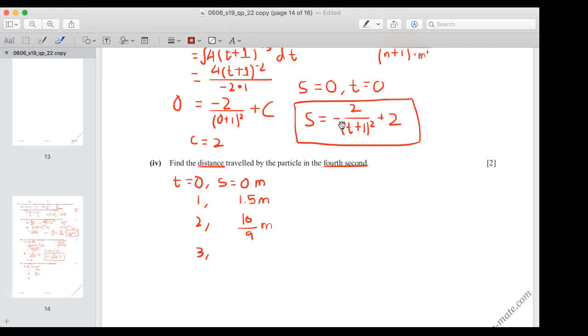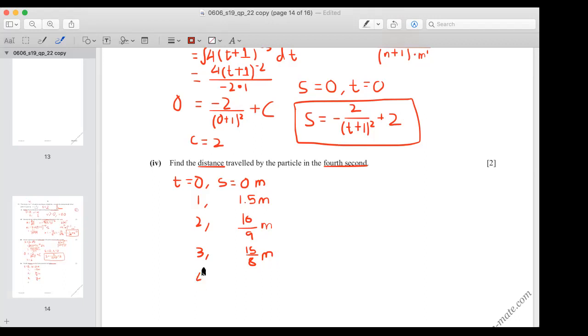Now t equals 3 seconds. 3 plus 1, 4, 4 squared, 16, negative 2 over 16 is negative 1 over 8, and that would be 15 over 8 meters. That is higher than this. It's 1.875 meters.